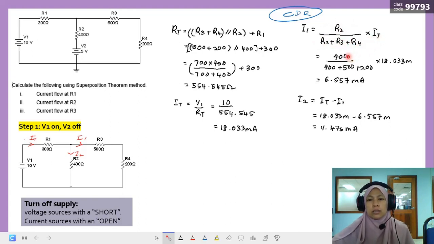So we put the value into the calculator, and we get the answer 6.557 milliampere. This is the value for I1. To get I2, I total minus I1, so you get 11.476 milliampere. So we finish step 1.